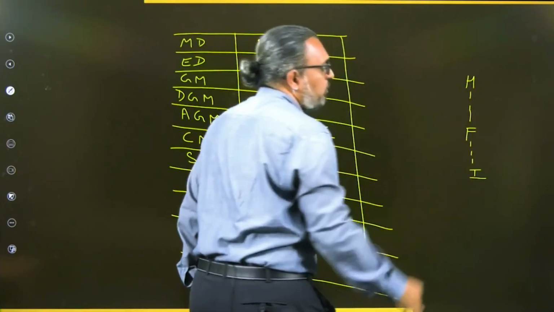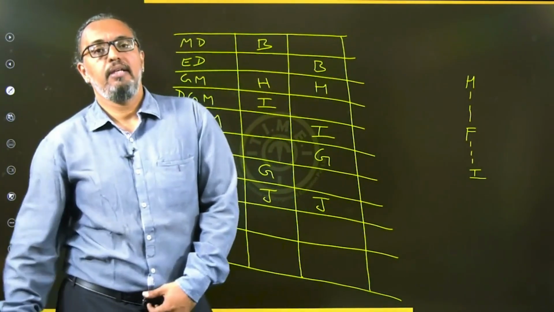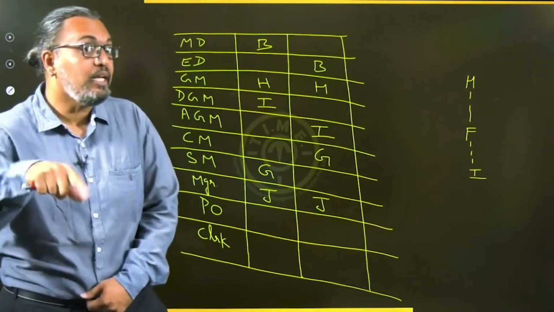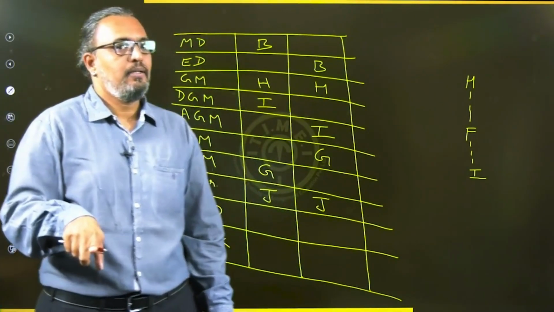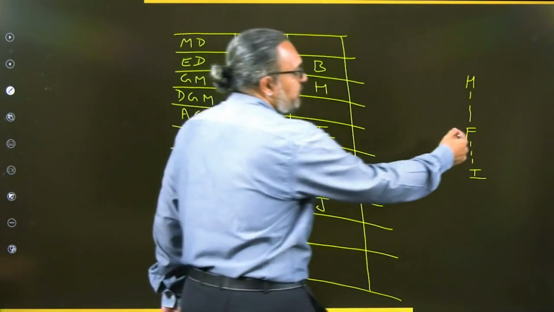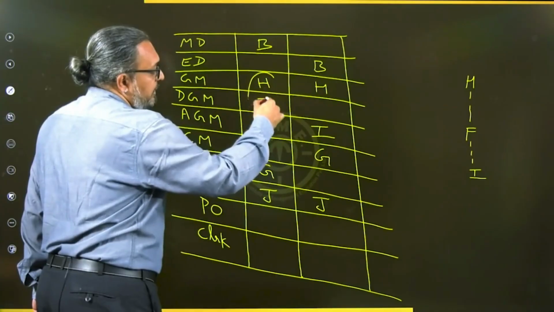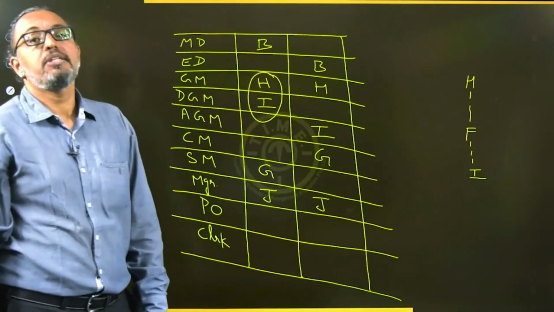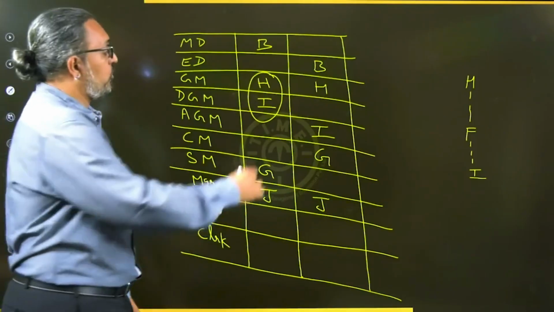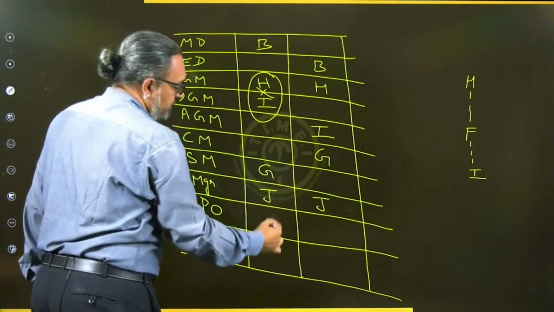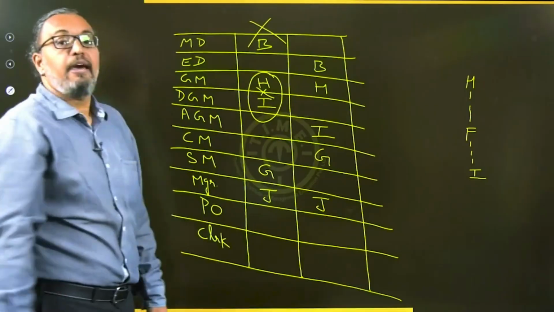So, that is why I gave some dotted lines, because we don't know where F can be placed. He never said immediate junior or immediate senior. Correct? So, F has to be somewhere between H and I compulsorily. But if you look at the first case, there are no positions between H and I. So, we will not be able to fix F in this scenario.